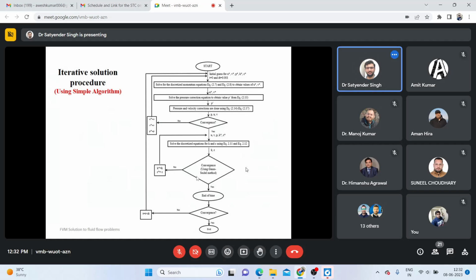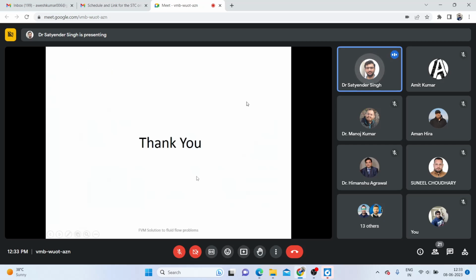Similarly you can use this algorithm at an advanced level when a turbulence problem has to be solved. So I'm presenting here the same algorithm for when you need to calculate k and epsilon values in a turbulence problem. So that's all from my side.